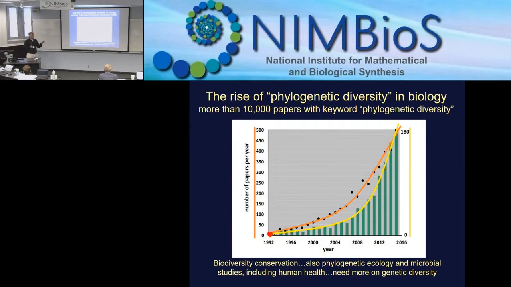For me, the other part of this I did not anticipate was the explosion in the number of studies in microbial ecology that use PD. And that's really because they don't have good species, in one sense, we can say. So they became some of the best workers in the world, some of the best software and so on, some of the best indices. And this is extended in interesting ways, for example, to human health.